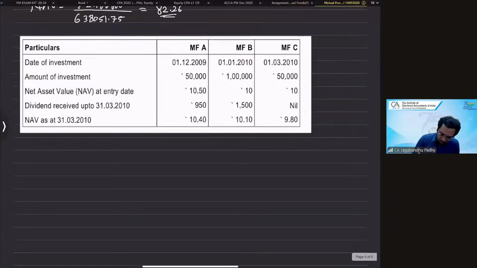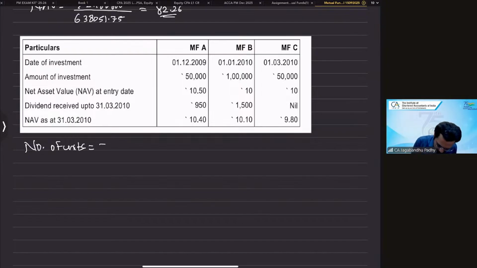So now, for all the mutual funds, we have the NAV at the entry date, we have the amount of investment. Dividend received is given to us, 950, and NAV as on the closing date is also given. So we need to first have the idea of number of units, so you calculate the number of units.